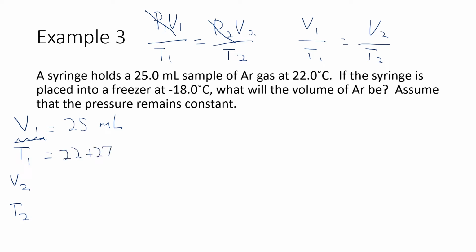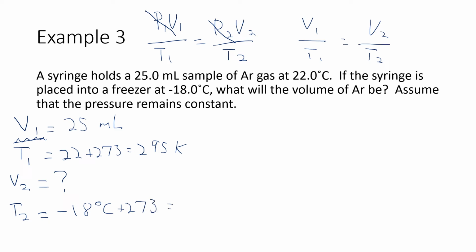We're going to add 273, which gives us 295 Kelvin. V2 is what we're looking for, and T2 will be negative 18 degrees C. So we'll have to add 273 to that.